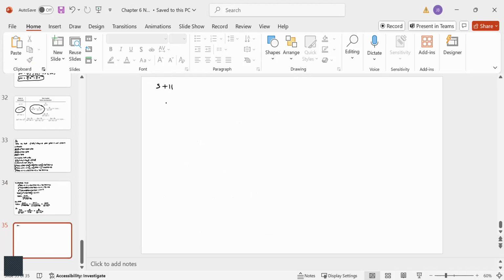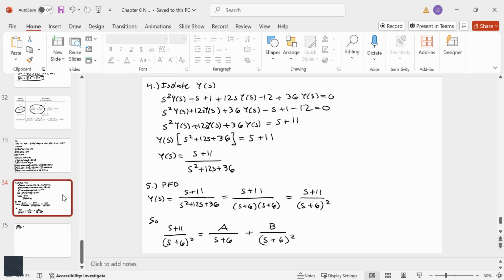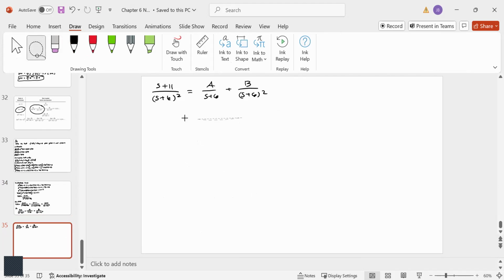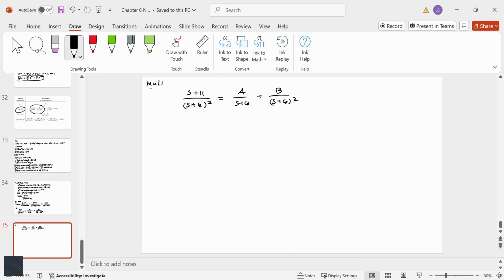So s plus 11 over s plus 6 squared equals a over s plus 6 plus b over s plus 6 squared. So multiplying the denominator over, you're going to get a s plus 6 squared.